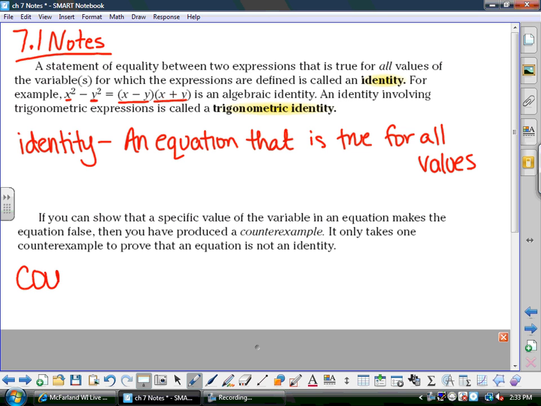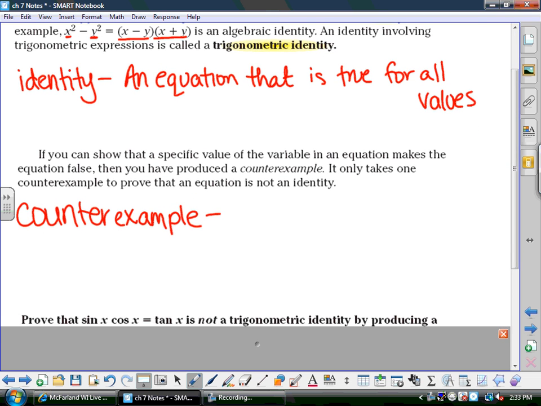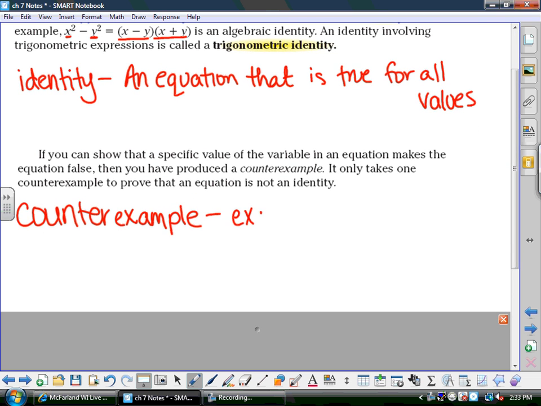For our notes, we should write down what a counterexample is. A counterexample is an example that shows the equation is false.